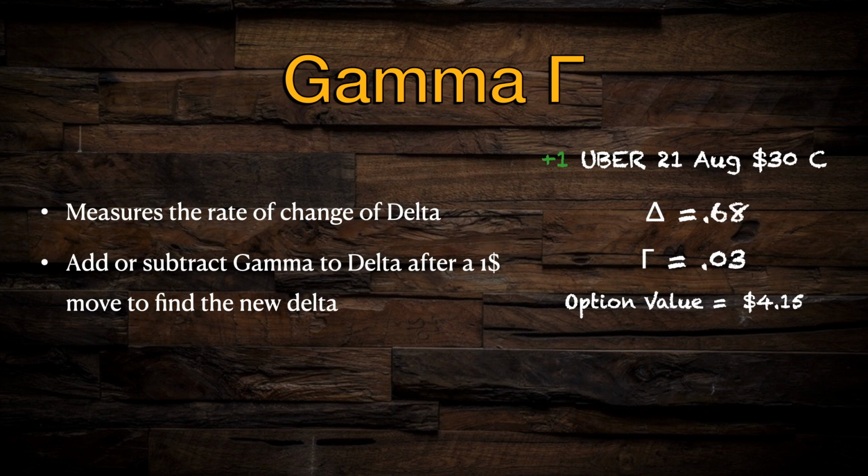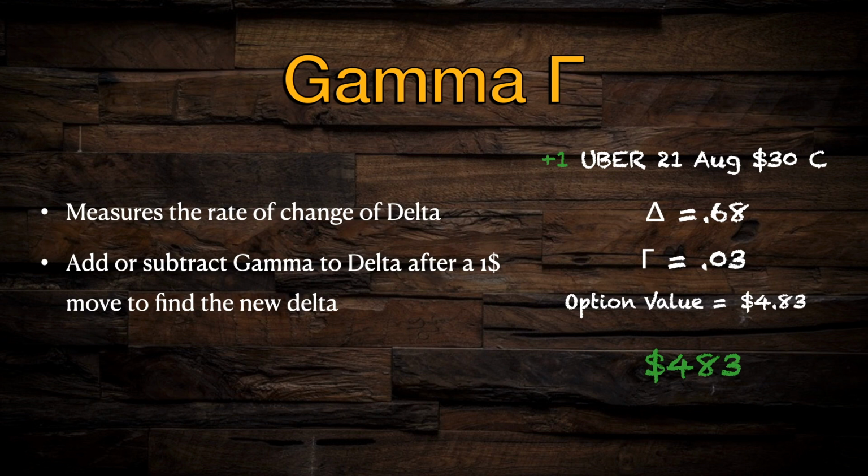If the underlying stock increased by another dollar from $33 to $34 per share, the option would increase in value again by the amount of this new delta. So the price of this option would change again from 4.15 to 4.83. Multiplying by 100, the full value of this contract after the underlying stock moves by $2 is now $483 per contract.